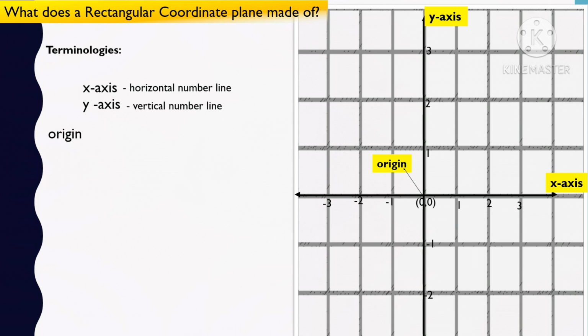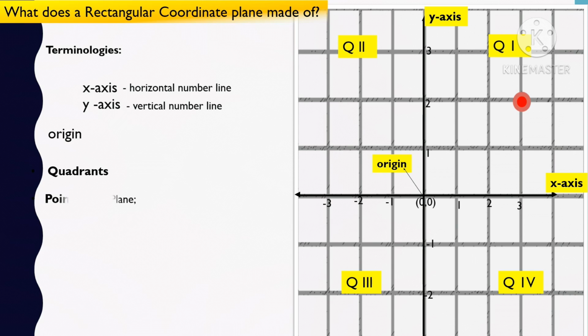The 2 lines separate the plane into 4 regions called the quadrants. We have the quadrant 1 on the upper right of the plane. Then moving in a counterclockwise direction, we have quadrant 2. Then below, quadrant 3, and then quadrant 4.